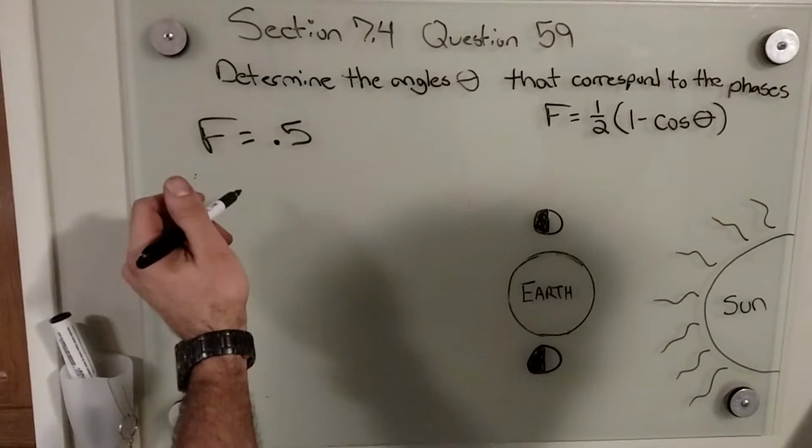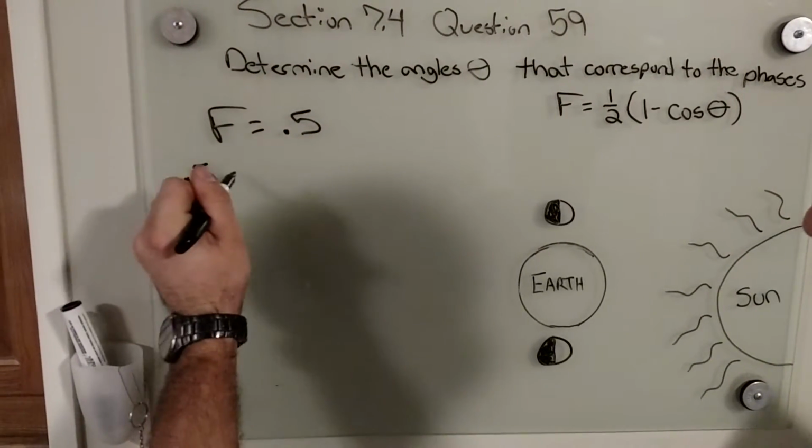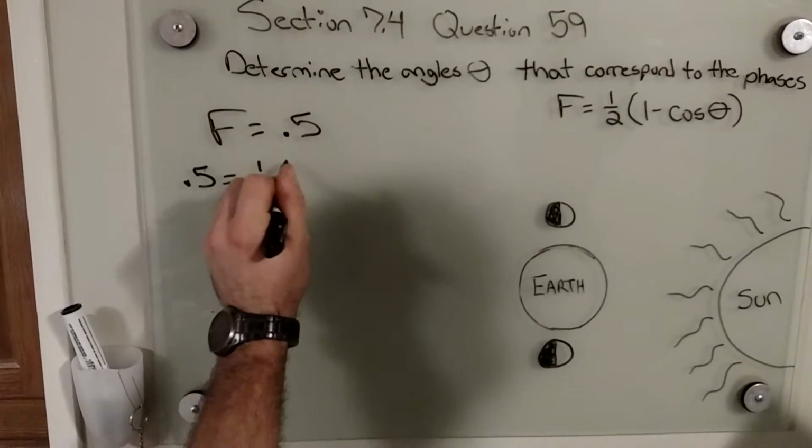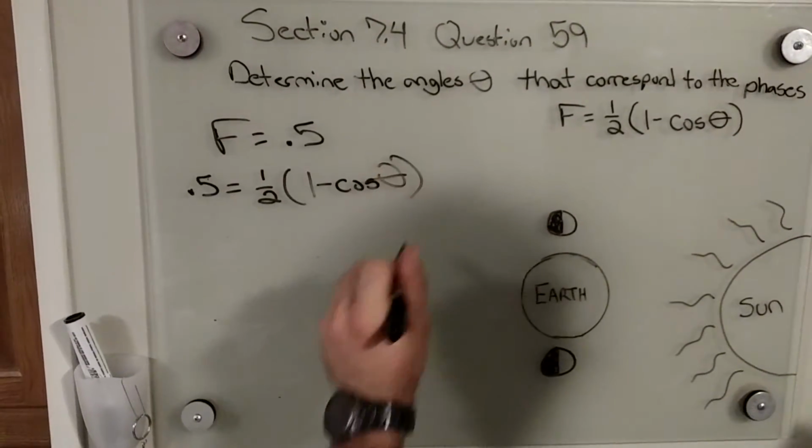And we'll go ahead and work this problem out real quick, where we have 0.5 equals 1/2 times 1 minus cosine theta.